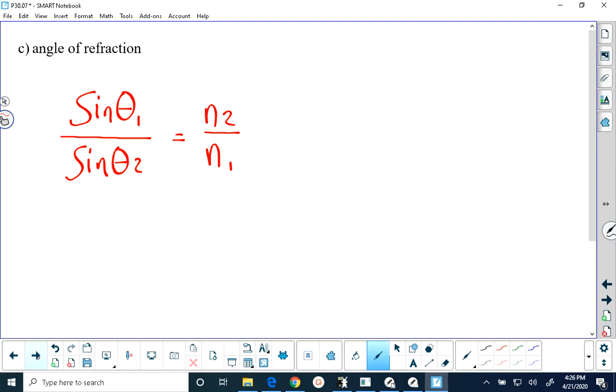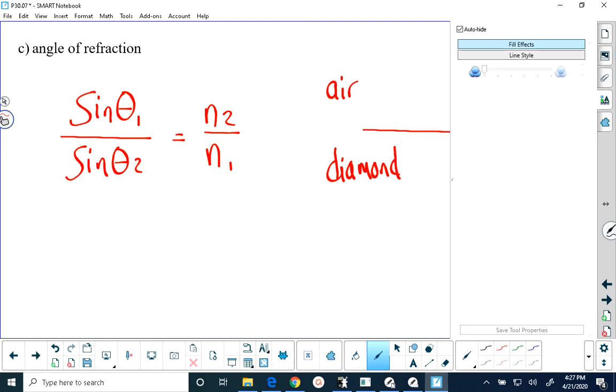I'm going to go with N2 over N1 because I know those exact values. There's no rounding here. There's a problem though because you're told in the question that the light goes from air to diamond. And I thought I saw in the question that it was yellow light. So not that it really matters, but we'll draw it yellow.